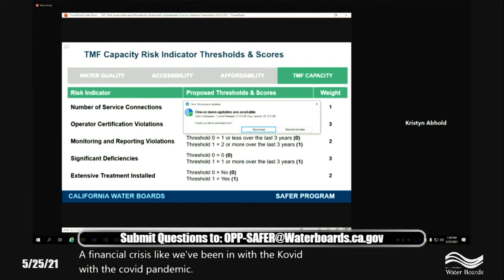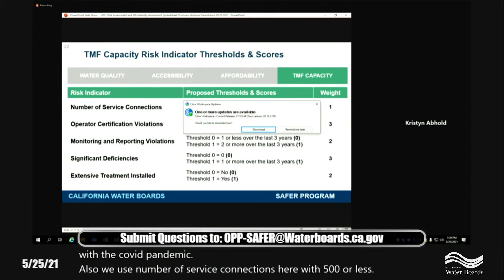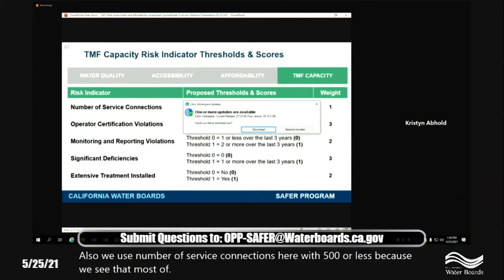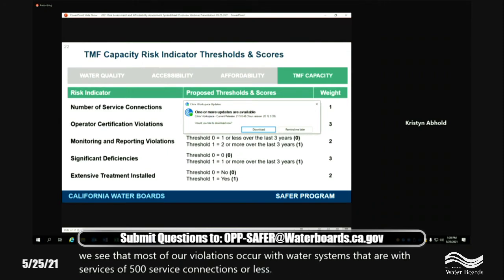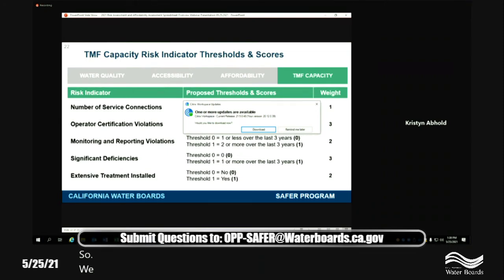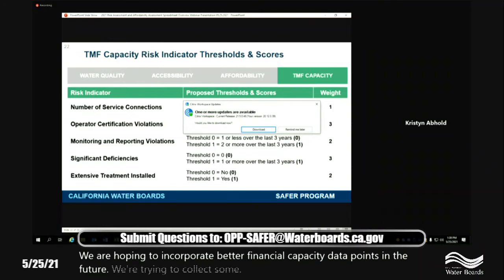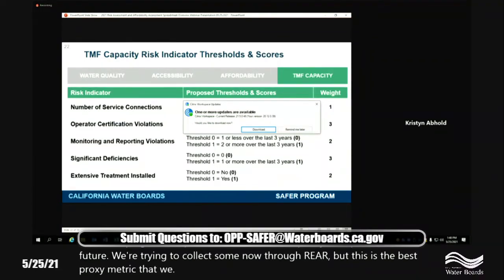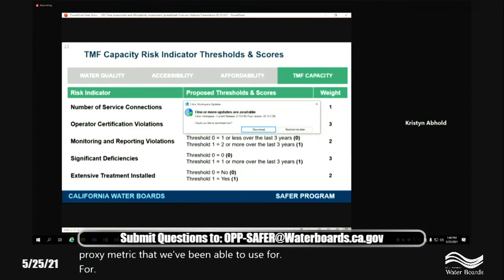Also, we use number of service connections here with 500 or less because we see that most of our violations occur with water systems with 500 service connections or less. So we are hoping to incorporate better financial capacity data points in the future. We're trying to collect some now through our EAR, but this is the best proxy metric that we've been able to use for financial capacity in this category.